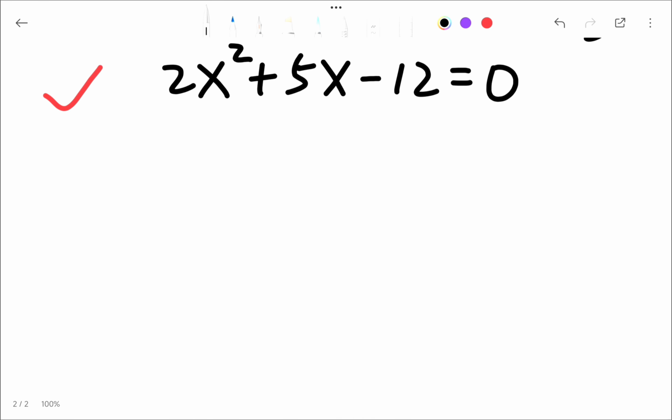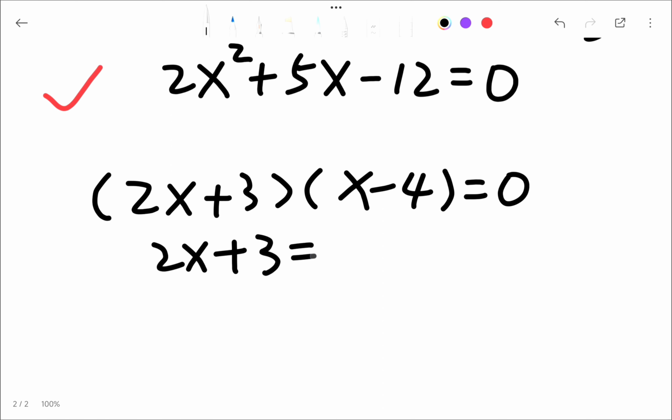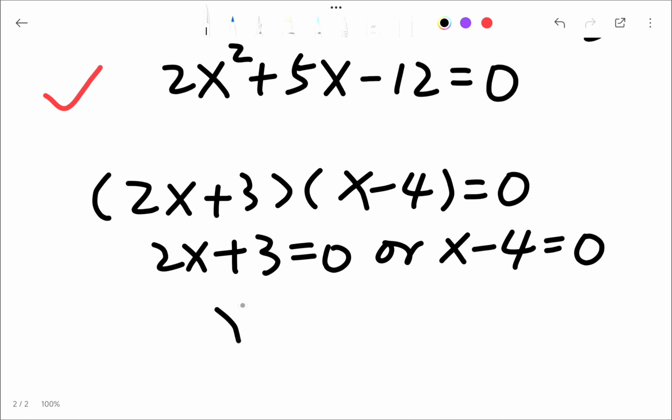Alright, when we factorize, we get two sets of brackets multiplying together, like this. Again, following the same logic from the previous example, we have 2x plus 3 equals 0, or x minus 4 equals 0. And we can easily solve these for x.